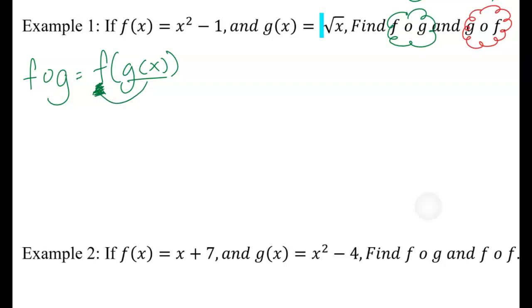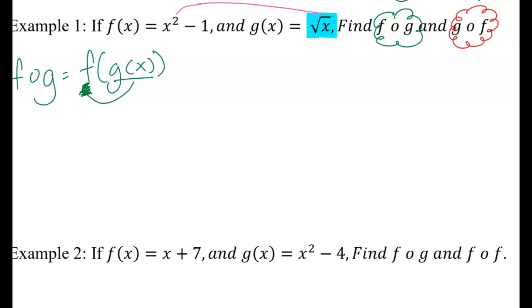So we're taking the square root of x, and wherever we see an x in f of x, we're instead writing the square root of x. So I'm going to write down all of f of x, but I'm not going to write down the x, because I have a different input.